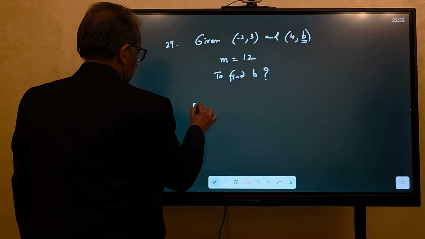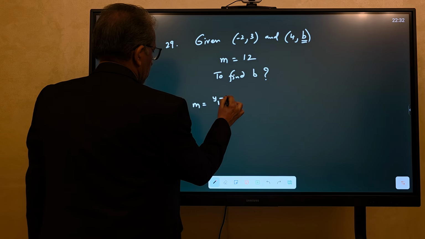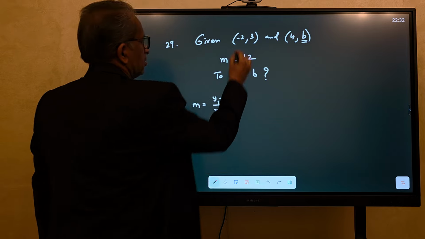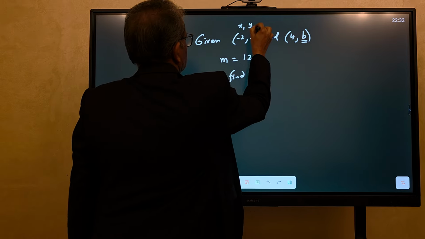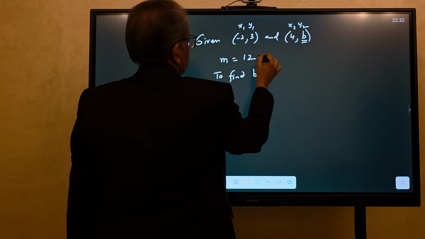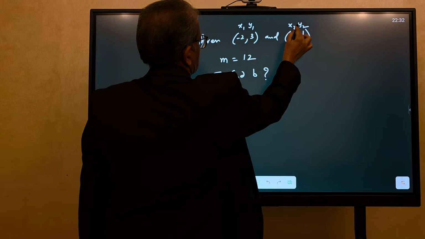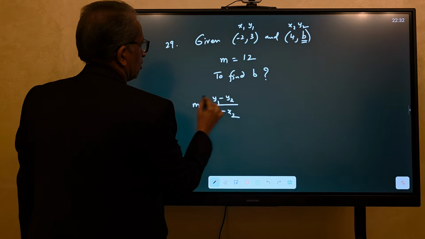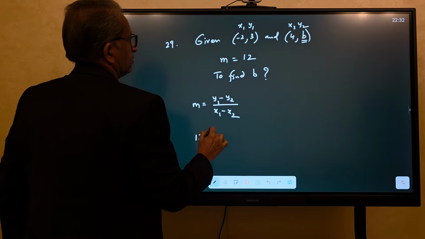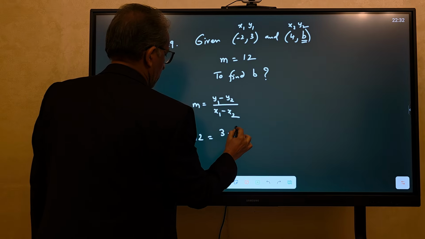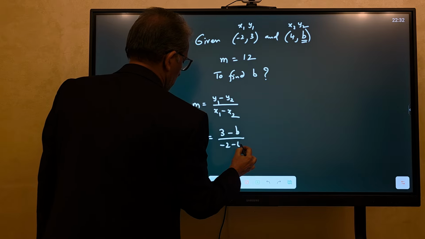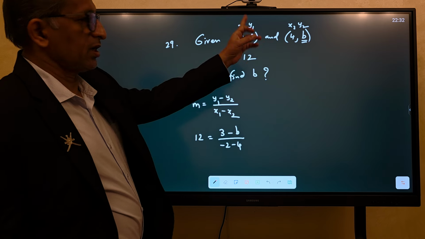We know the formula, m equals y1 minus y2 over x1 minus x2. So this is x1, y1, this is x2, y2. Put x1, y1, x2, y2 and m in this formula. What is m? 12 equals 3 minus b divided by minus 2 minus 4, that is x1 minus x2.